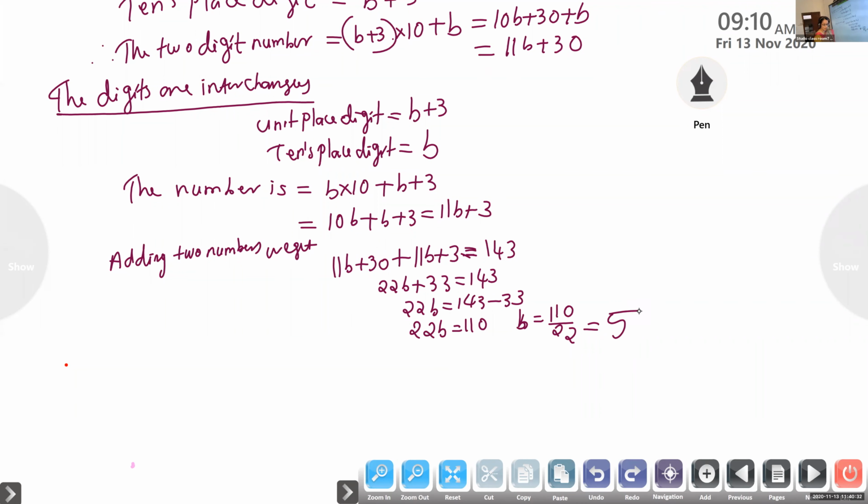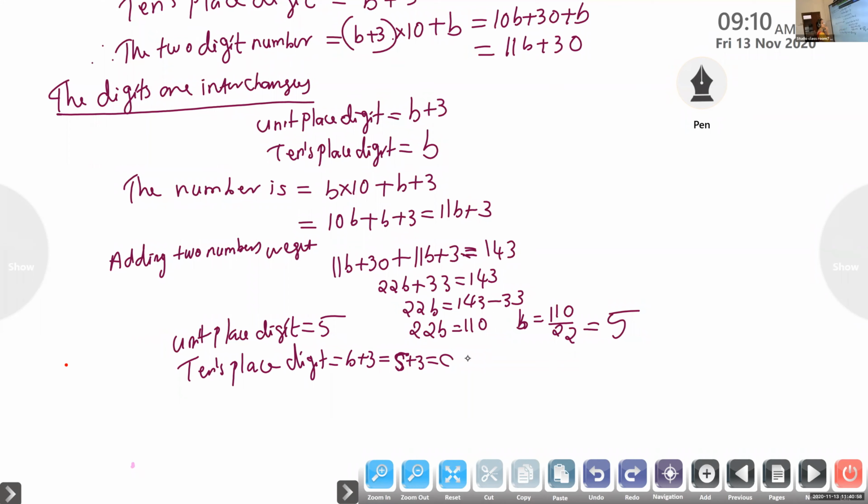Therefore, the required number is: if B is equal to 5, the unit place digit is 5. So the tens place, since they differ by 3, is B plus 3, that is 5 plus 3, 8.